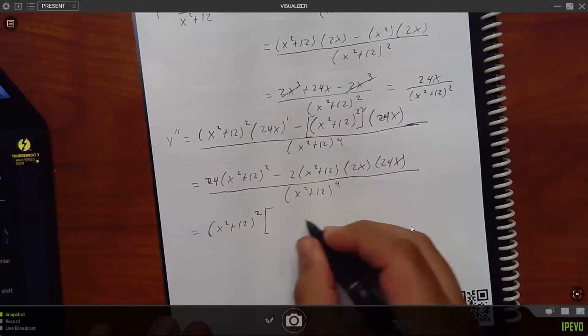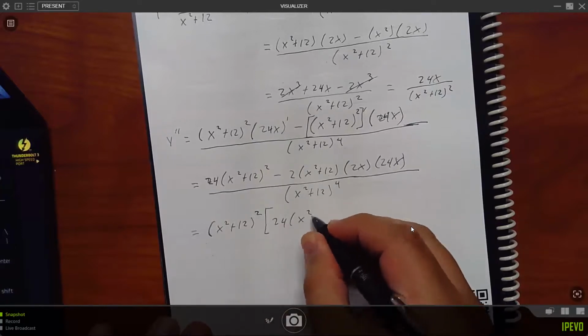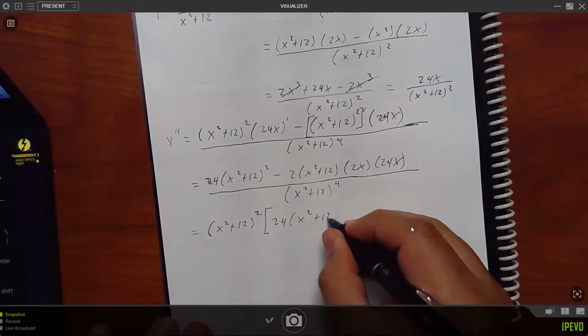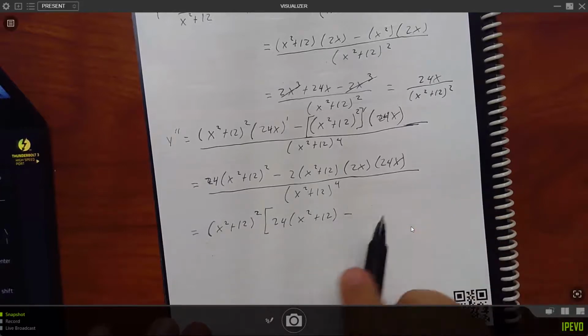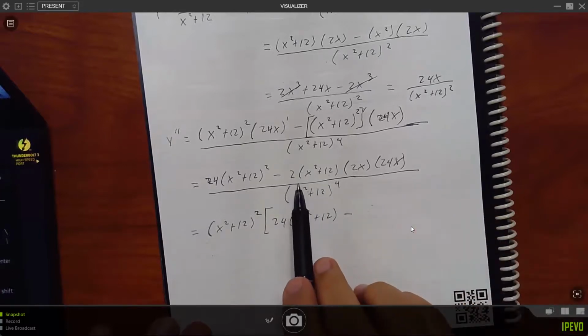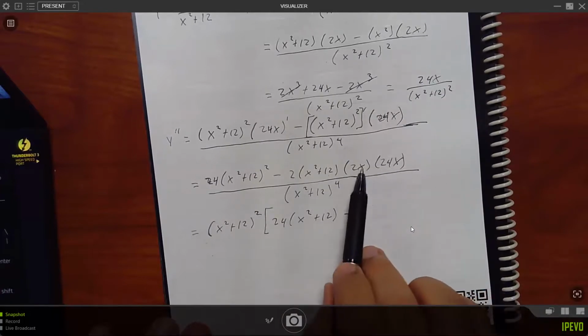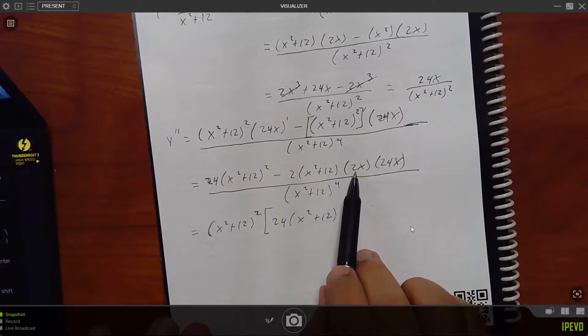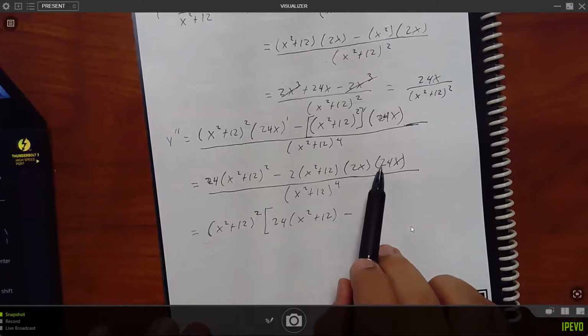So you'll be left with 24 times x squared plus 12 minus 2 times 2x times 24x. That'll be what? 96.